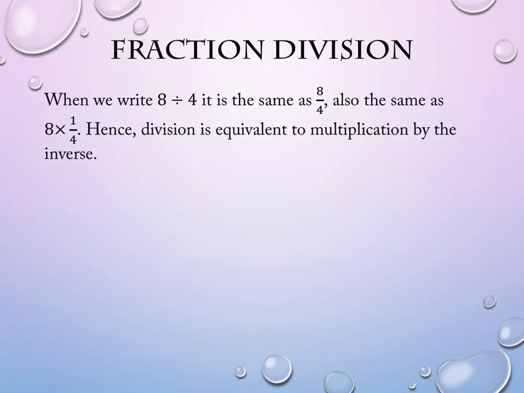So when we take a look at fraction division, we're talking about multiplication and division of fractions in this section. Next time we'll talk about addition and subtraction. Multiplication and division is easier. 8 divided by 4 can be written in fractional form, and it's the same thing as 8 times 1 over 4, where the 4 comes from the denominator.